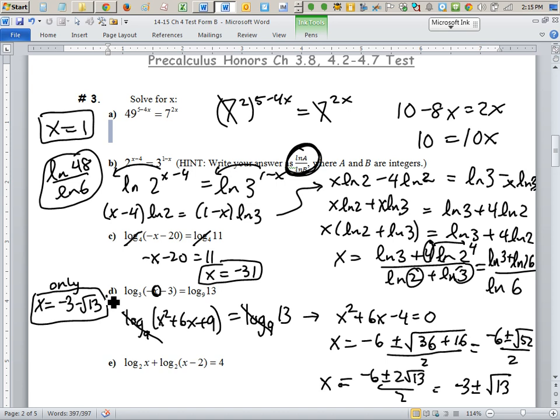And when you put it in right here, you get log of something positive equals log of something positive. If you try to use the negative 3 plus root 13, that's a positive number, and when you stick it in, you get a domain issue. So you can't have that. So a lot of these problems, you have to check your answers in the end, and only one of them will work. Okay, let's go down to this next one.